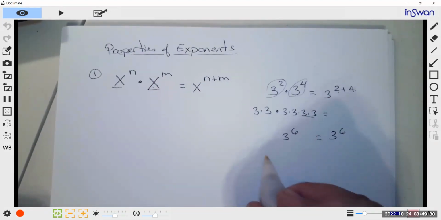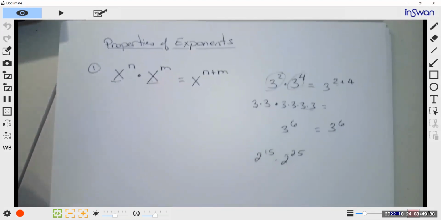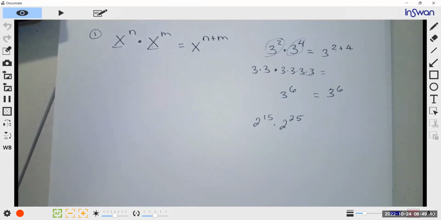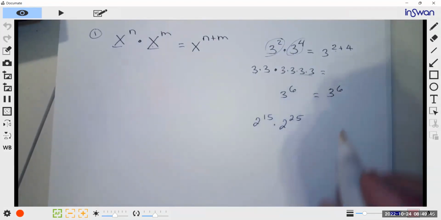It's much easier if you do this, because what if I had 2 to the 15th times 2 to the 25th? You're not going to write 15 twos and then 25 twos and add them up.